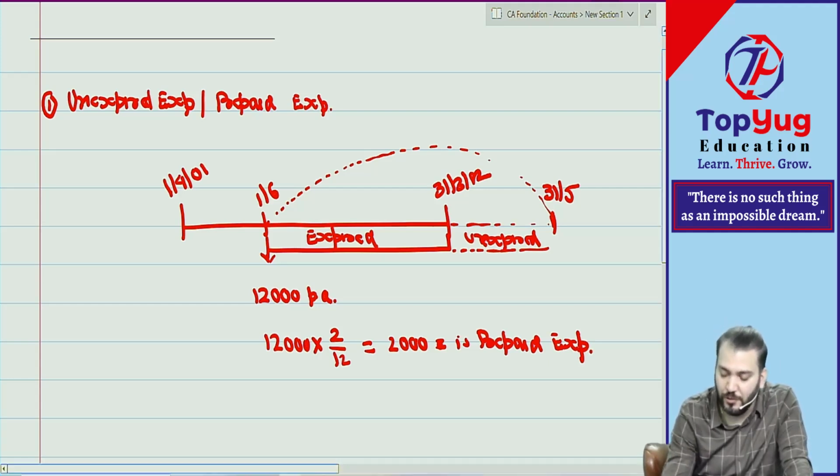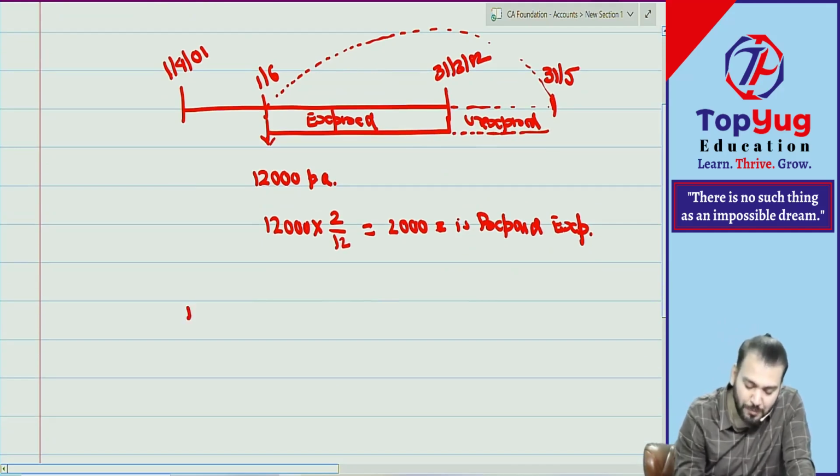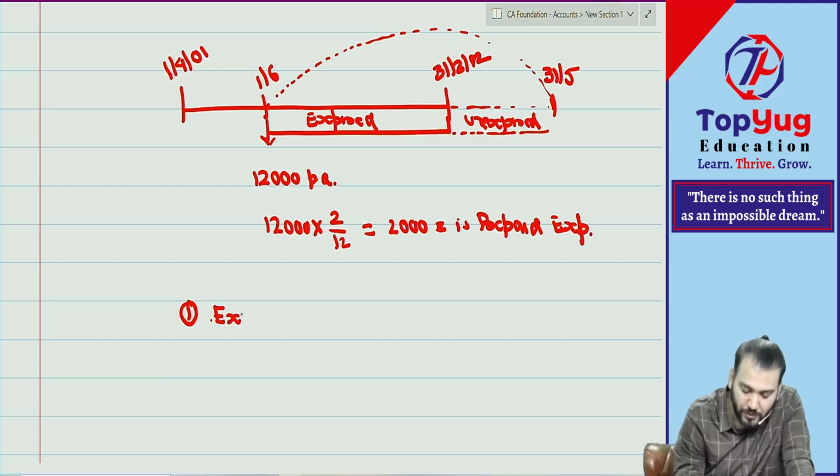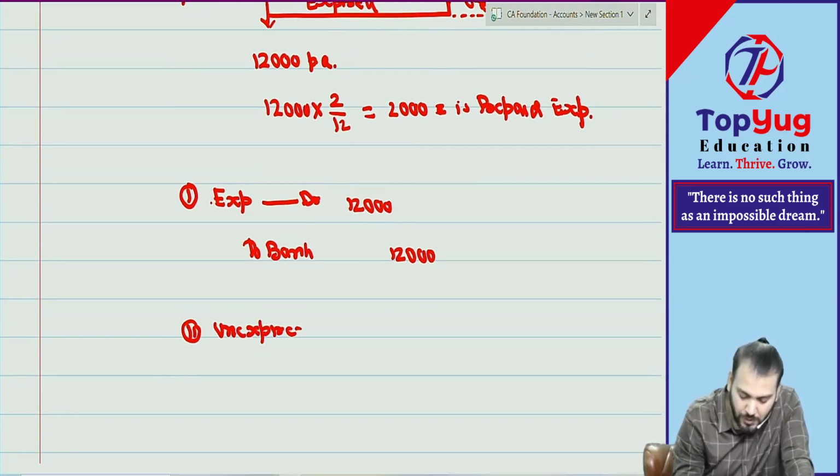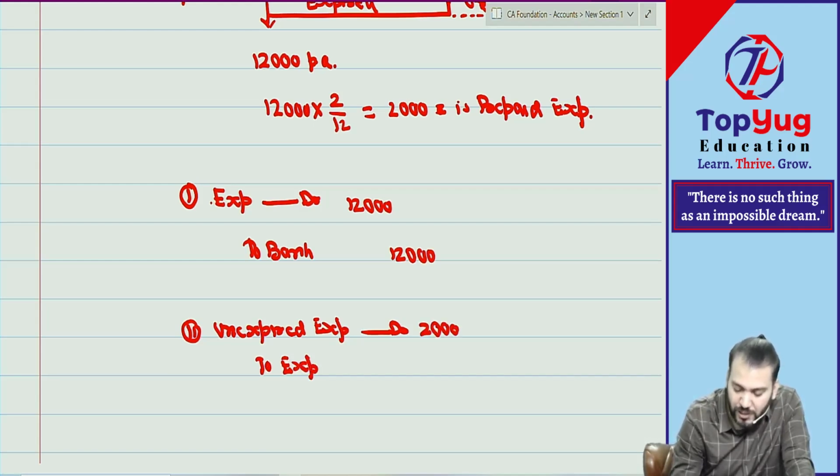So what journal entry will we do? For the payment of 12,000 we have paid, what journal entry have we done? Initially we did expense account debit to bank, 12,000. Then at year end, what journal entry will we do? Unexpired expense account debit, and the expense decreases by 2000.